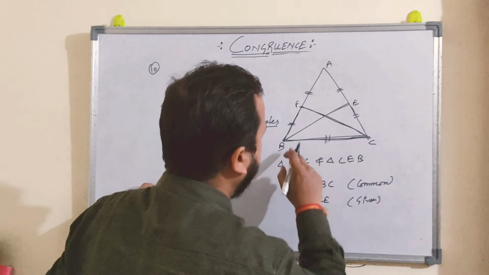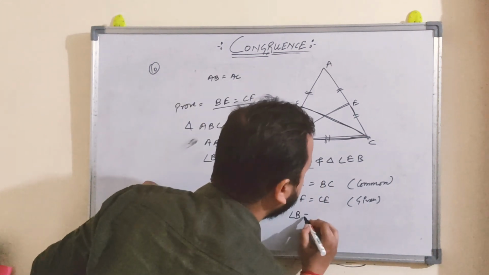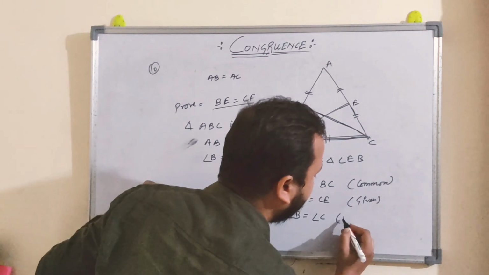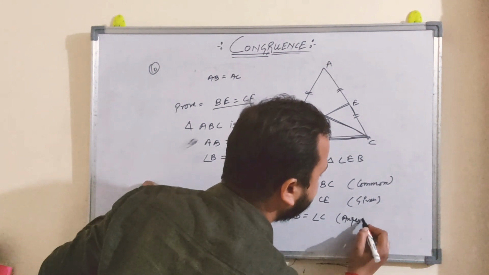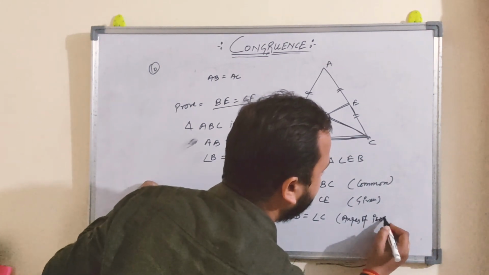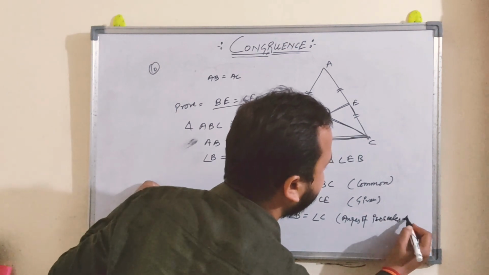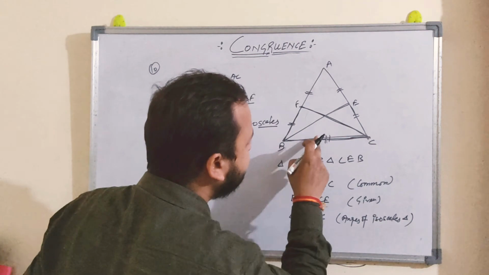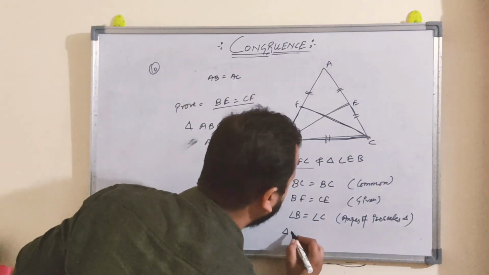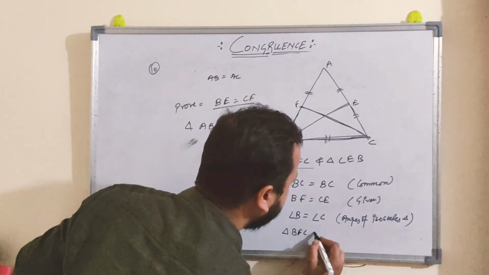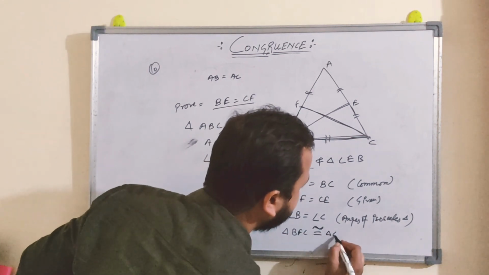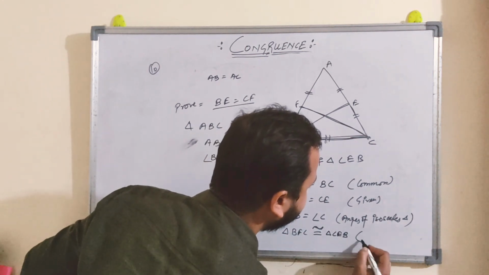And one more thing, angle B is equal to angle C, right? Why? Because angles of an isosceles triangle. So by side angle side, triangle BFC is congruent to triangle CEB.